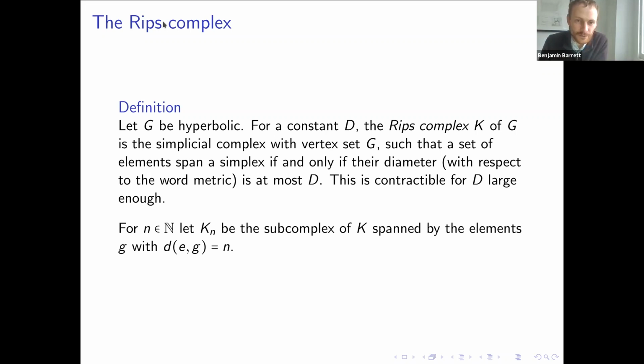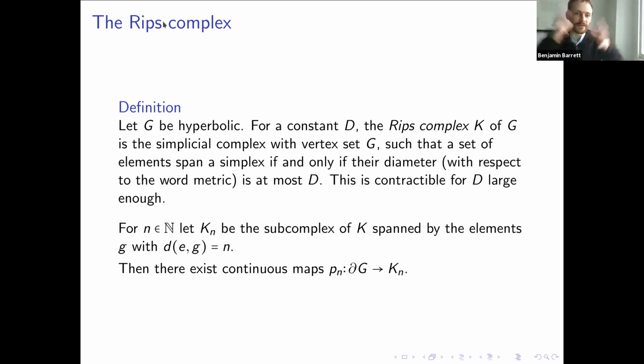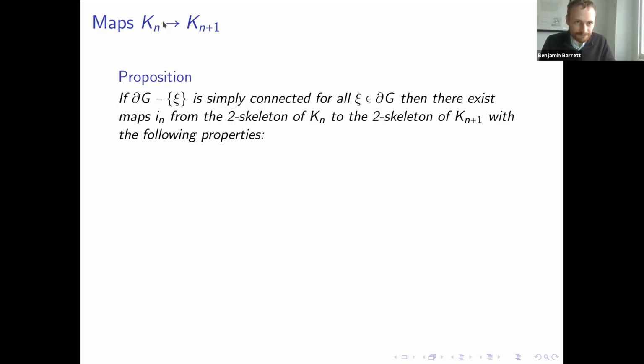This is like a sphere in the Rips complex. You can imagine a sequence of progressively larger spheres going outwards towards the boundary. The whole point of the proof is to approximate the boundary by these simplicial complexes. Using these, you can get continuous maps that project inwards from the boundary onto K_n. So that's the setup.